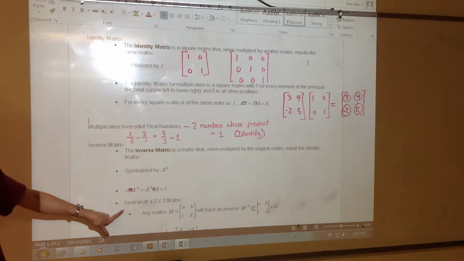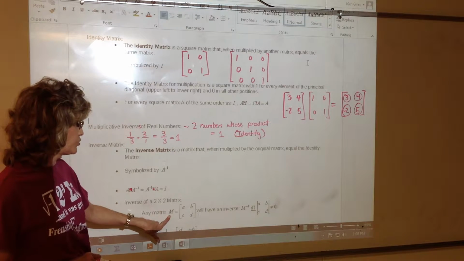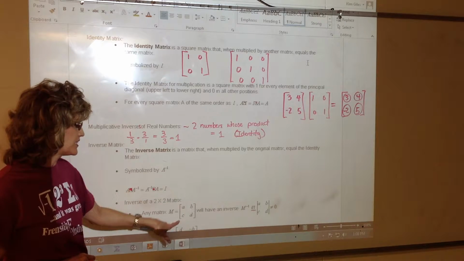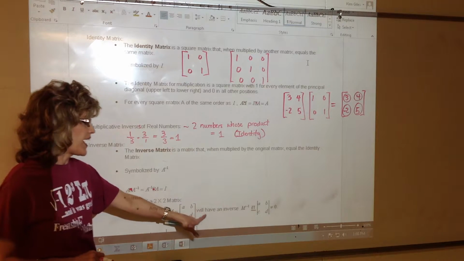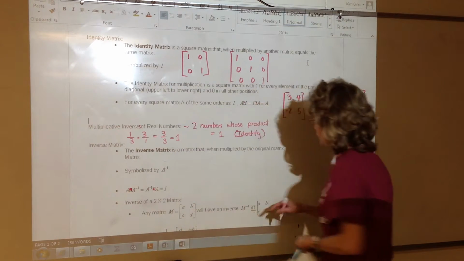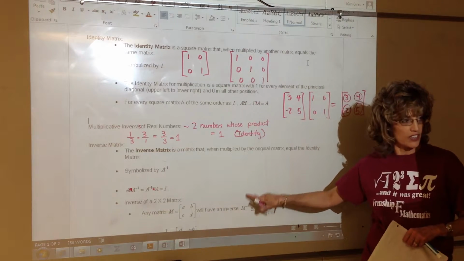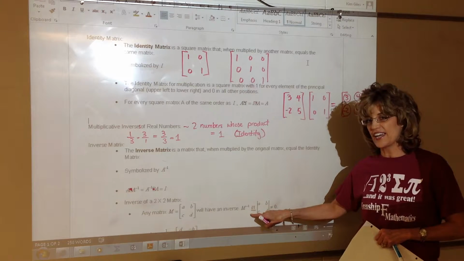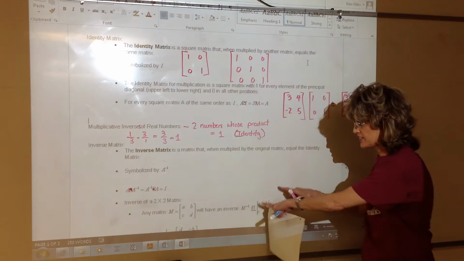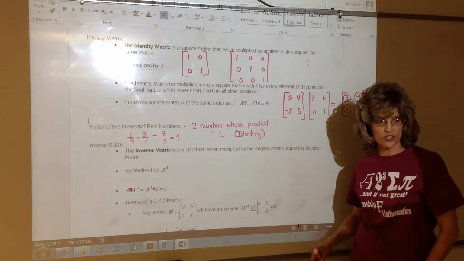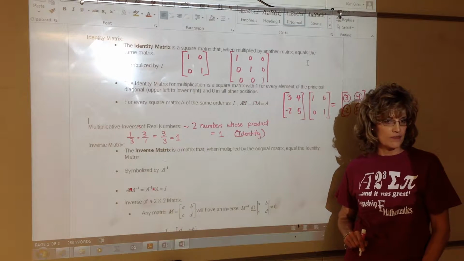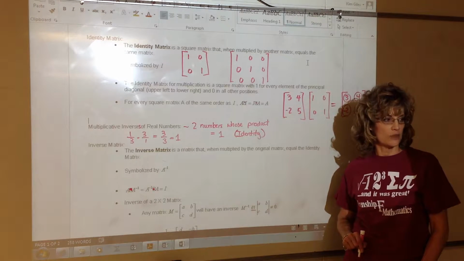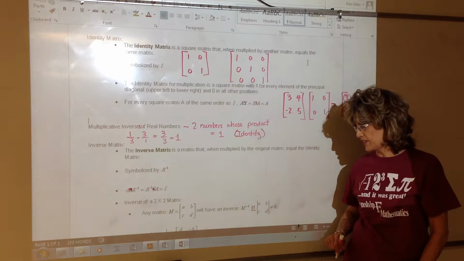So we're going to learn how to find the inverse of a 2 by 2 matrix. Any matrix M whose entries are A, B, C, D will have an inverse, M to the -1, if and only if, and do y'all remember what this notation means with the straight bars on either side? That's the notation for the determinant.